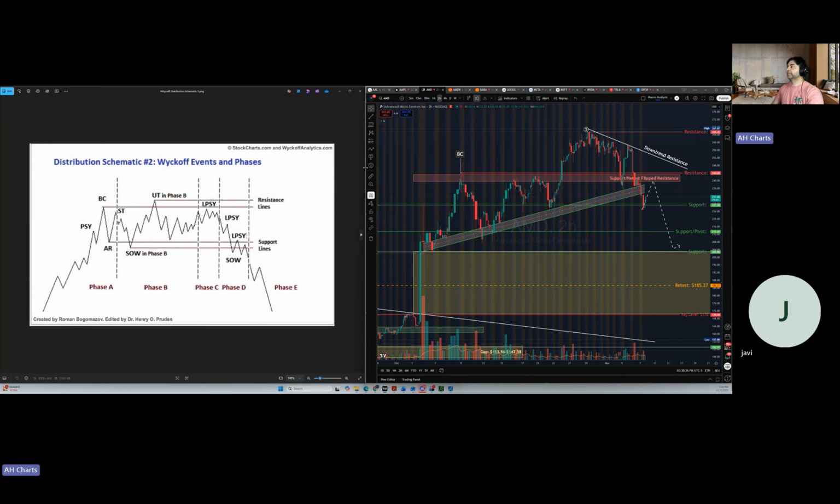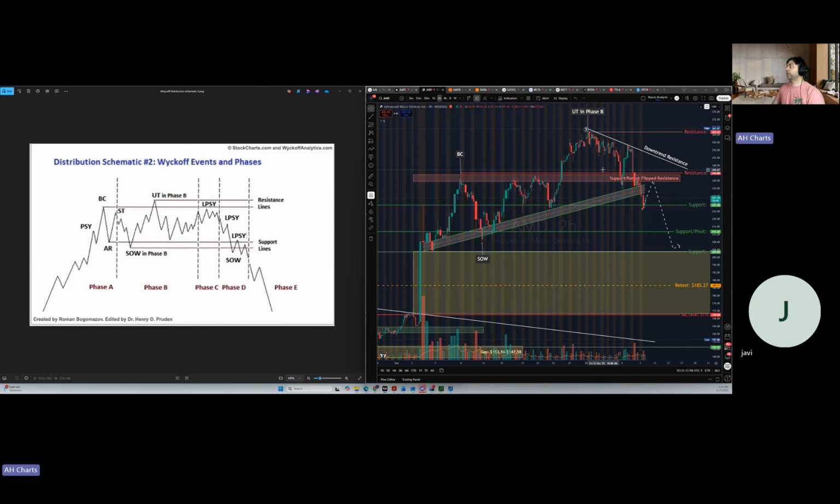You have your selling, which you could call a SOW. Then this entire thing here, you have your UT in phase B. BC right here came down over here, SOW, and then you have your UT at the top here.